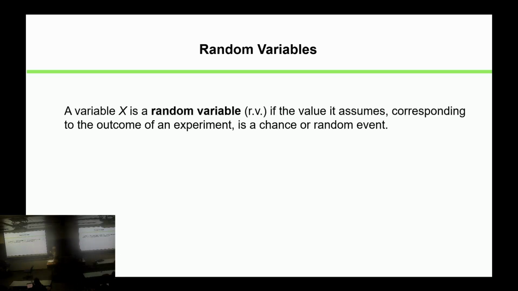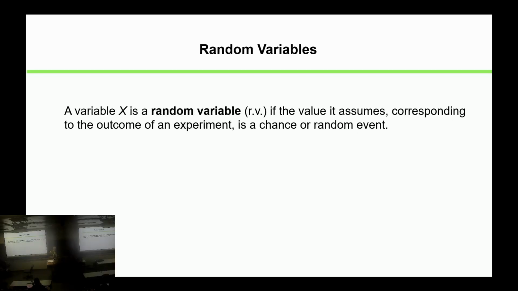Okay, so there's a very small number of slides pre-posted here, so you know what you don't have to write out. This is a very basic definition. Is it exciting? It is not exciting, but it's just a basic definition. Variable x is a random variable if the value it assumes corresponding to the outcome of an experiment is a chance or random event.